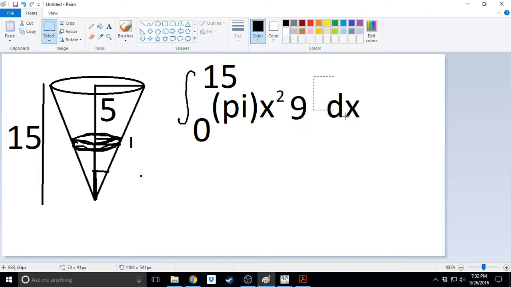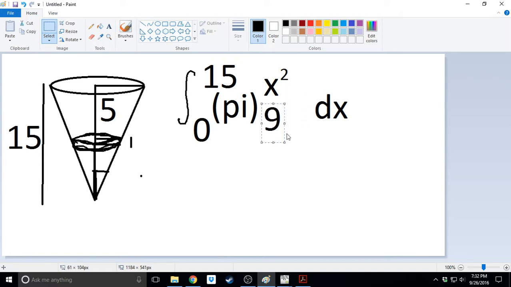Here we go. So pi x squared over 9, not times 9. There we go.